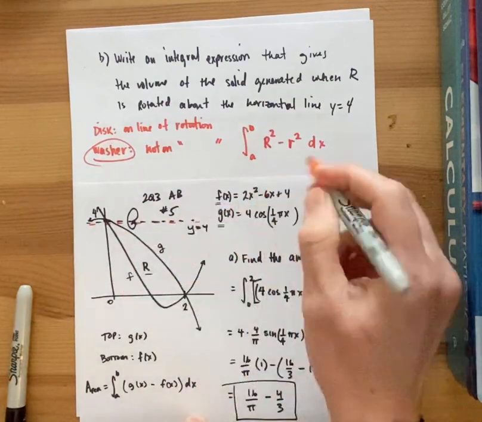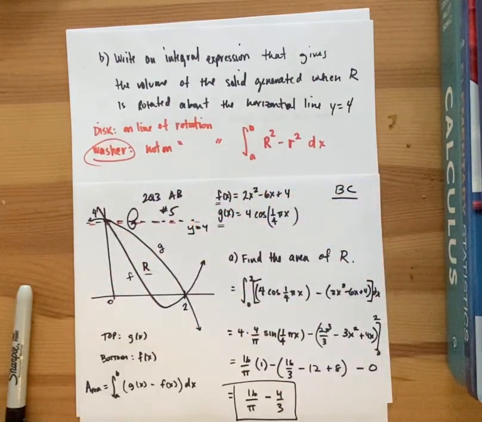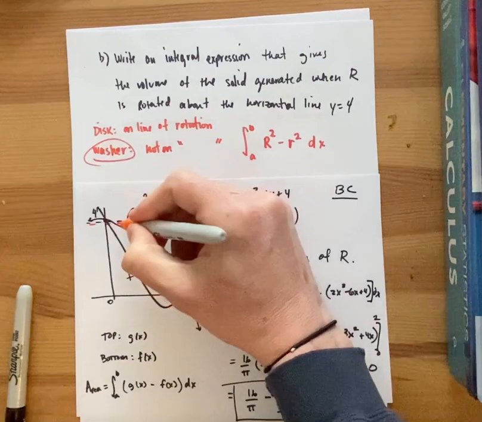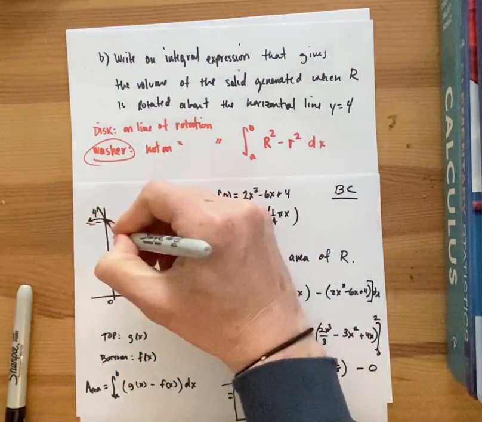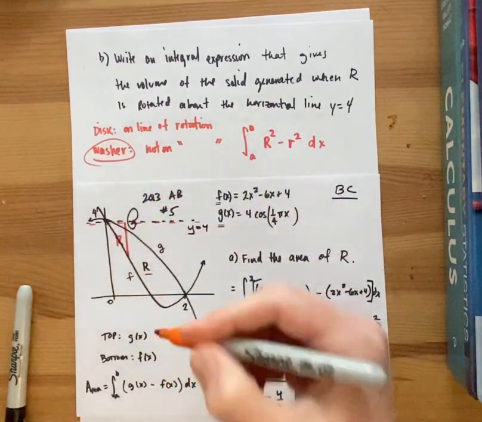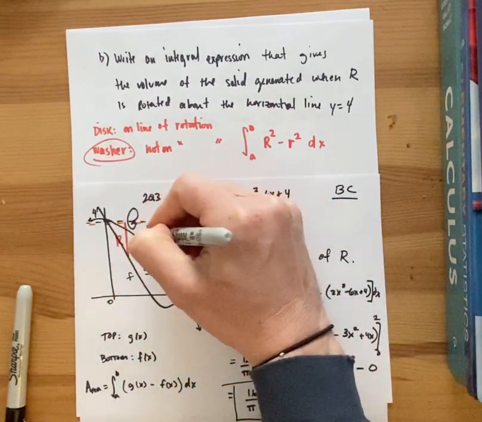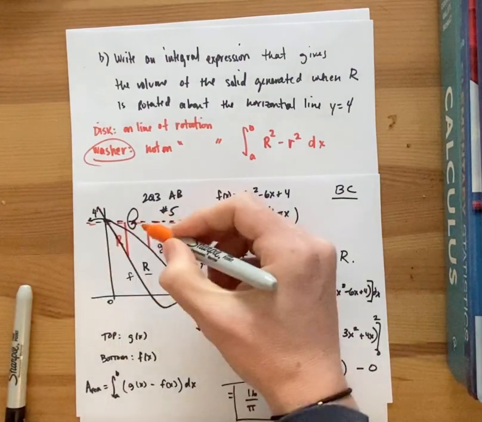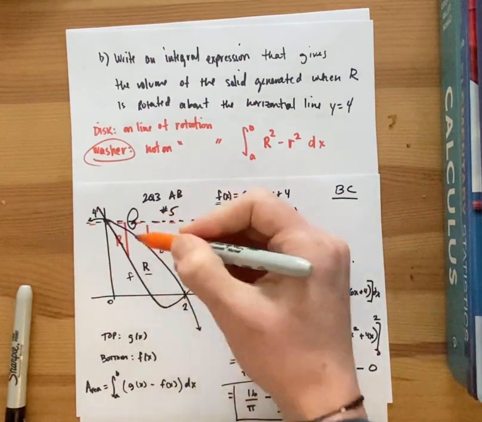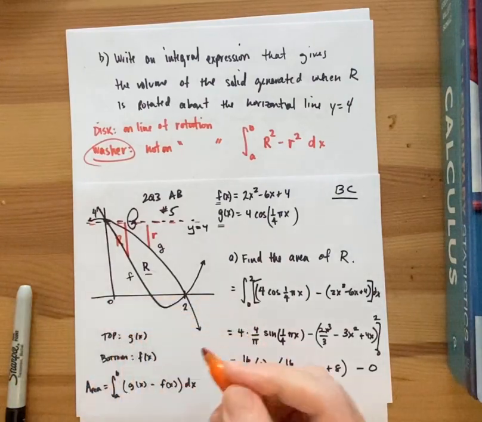Perpendicular would be the vertical, so we're going to use dx. All right, so for a big radius, you go from the line all the way to that furthest curve, and then you're looking for the distance there. Your small radius would just go from the line of rotation to the closest curve.